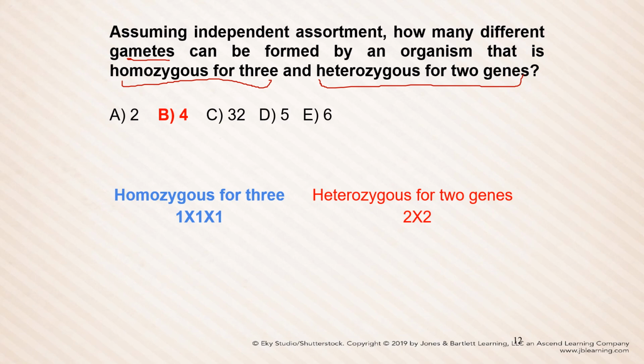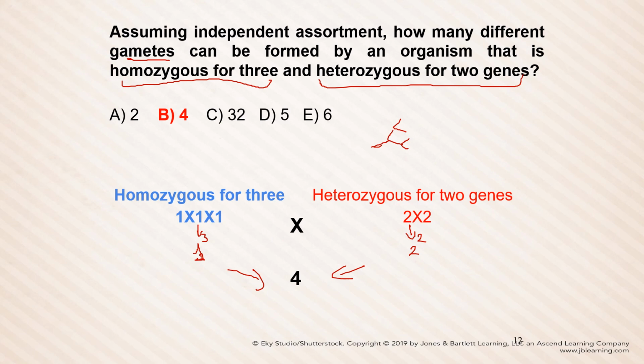I also showed you that you can do this in a similar way with those trees, or with this formula: when you have homozygous, you have only 1 allele and you have 3 genes, and when you have heterozygous, 2 alleles and you have 2 genes, so it will be like this. So it's the same thing. Now, as it is the multiplication rule, you multiply, and in all the different ways that you do it, you will get the answer that it will be 4.